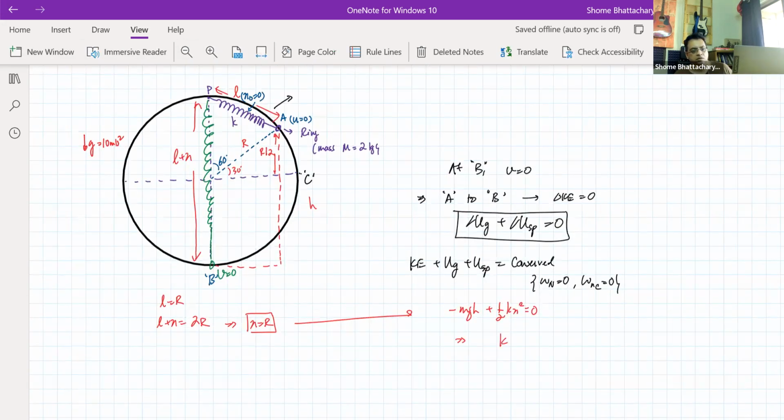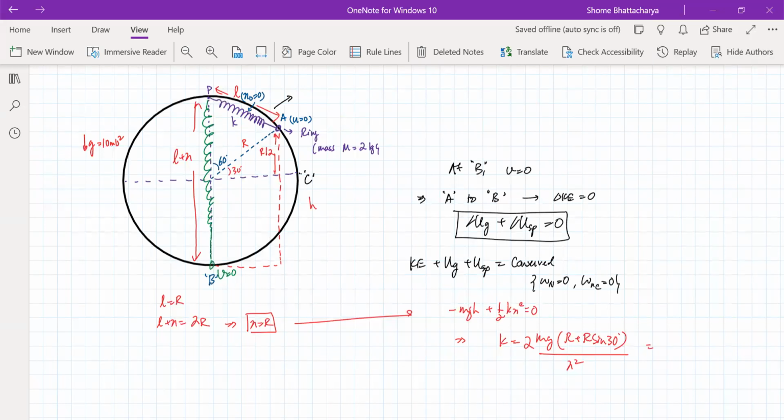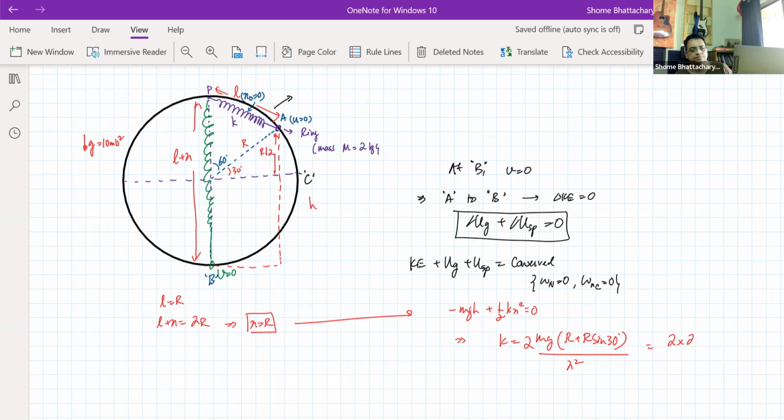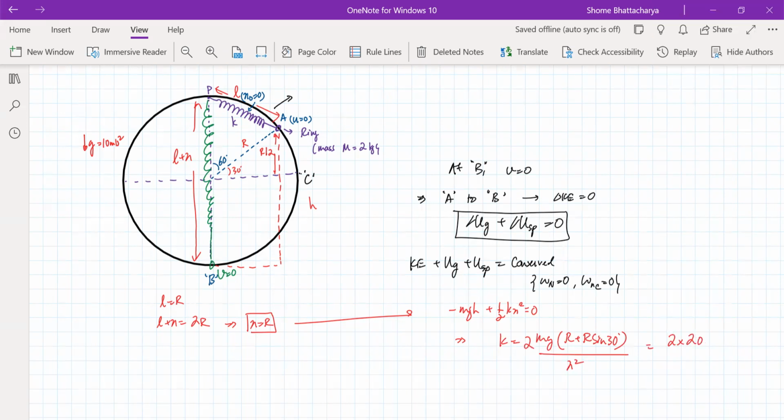So our k is equal to 2 times mg into h divided by x square, correct? Yes, sir. So 2 times, what was the mass? 2 kgs. Yes, sir. And r was how much? 5 meters.